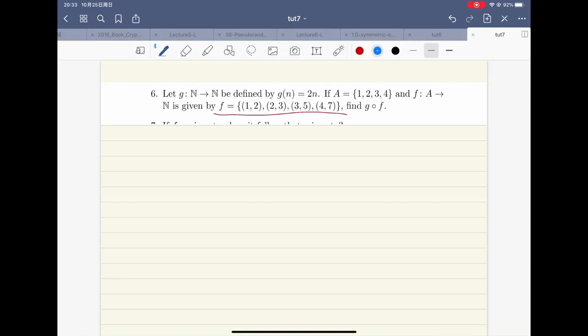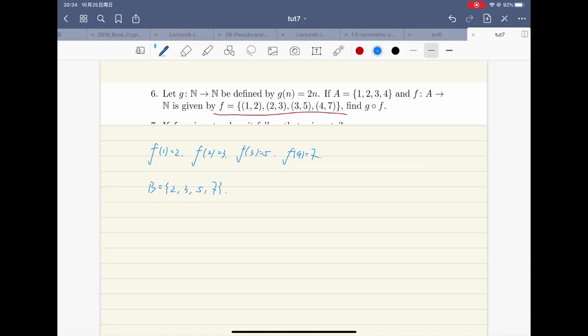So the image of A should be something like f(1) equals 2, f(2) equals 3, f(3) equals 5, and f(4) equals 7. Then we can construct a set B. We have B equals {2, 3, 5, 7}, because 2, 3, 5, 7 is the range of the function f.